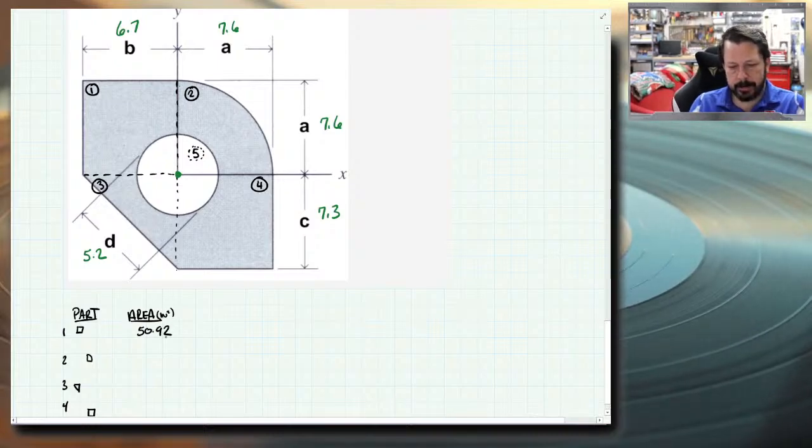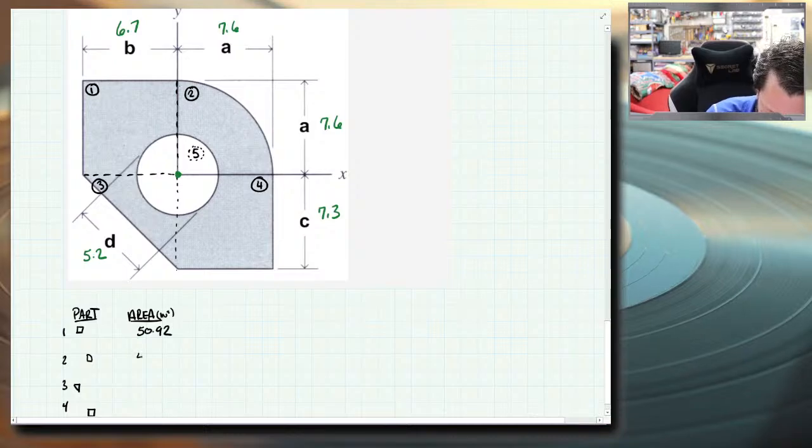Quarter circle area, I have a radius here, basically, 7.6 inch radius. So pi times 7.6 squared, pi r squared. But I'll only have a quarter circle, so divide by 4. 45.36.